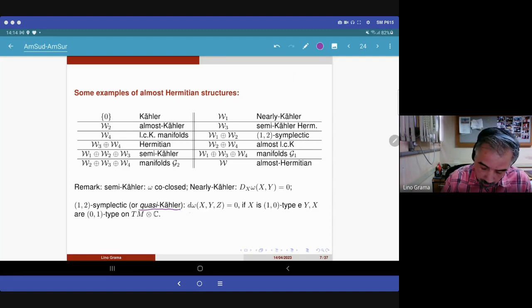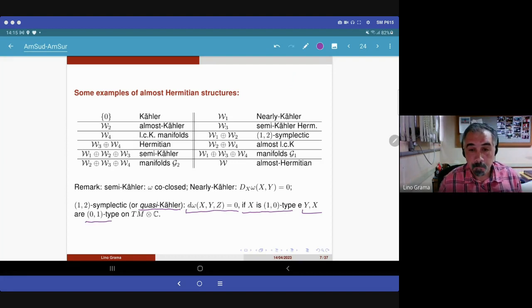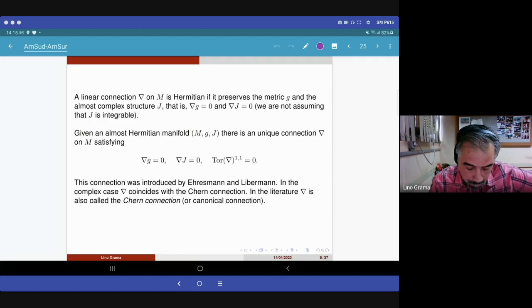This is the derivative of omega, and it is 0 if you take X of type (1,0) and the two vectors of type (0,1). Okay, and then this is the classification of the almost Hermitian structures. Okay. Very good.